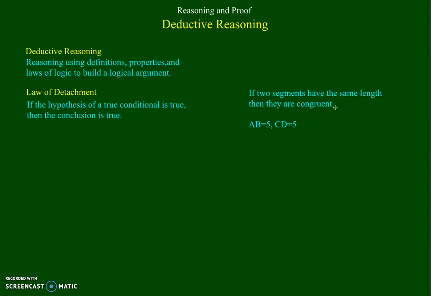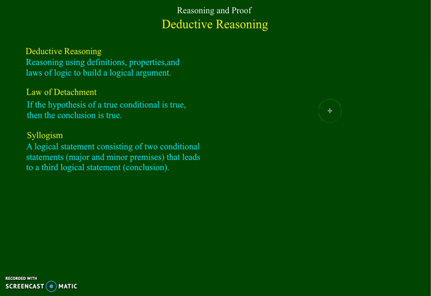All right, let's move on to the next law of logic, which is called the law of syllogism. Now, a syllogism in English is a logical statement consisting of two conditional statements, one with a major premise and the other a minor premise, that leads to a third logical statement, a conclusion.